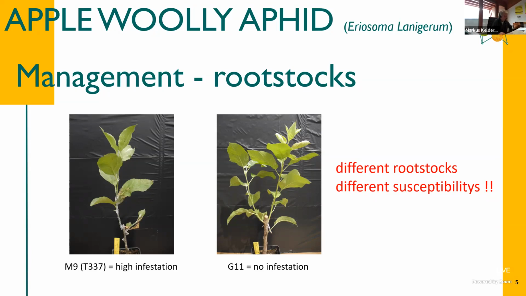We have seen that, for example, the M9 got a lot of infestation. The Geneva rootstocks did not get significant infestation. And the same situation is also on the variety. There are different susceptibilities. The next, please.